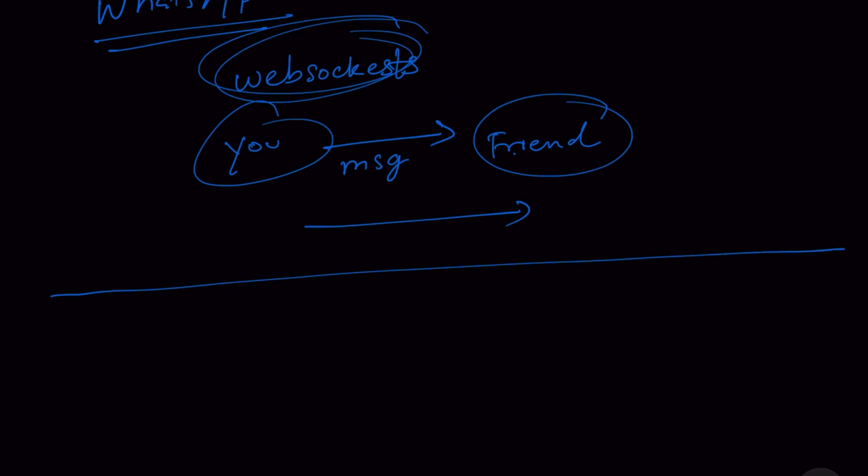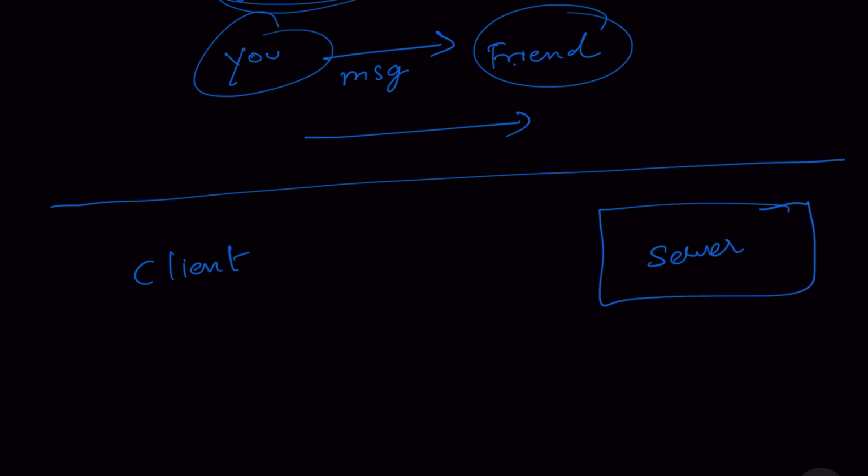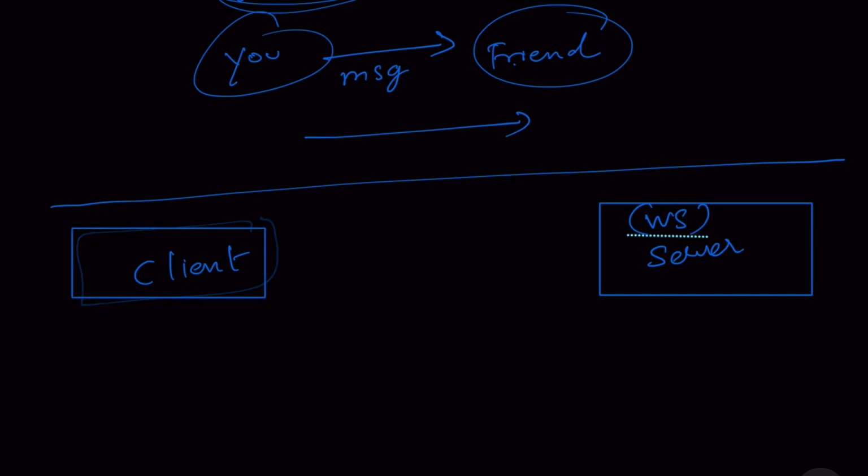Before I go to the next one, basically we are talking about two things here. One, the client. The second thing is the server. The server is the place where your WebSocket will be running, and the client tries to connect to it.